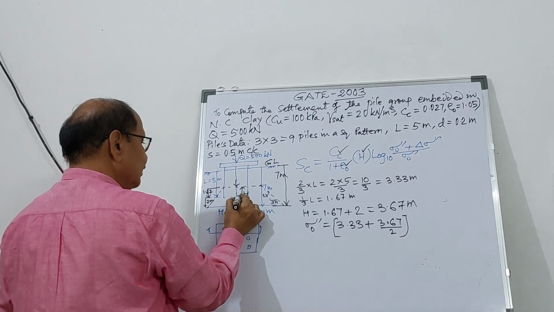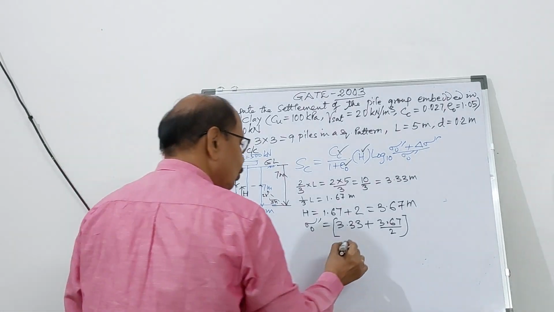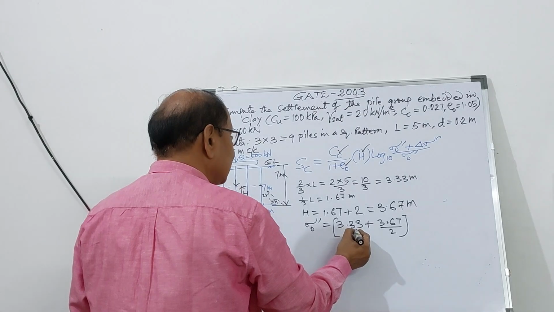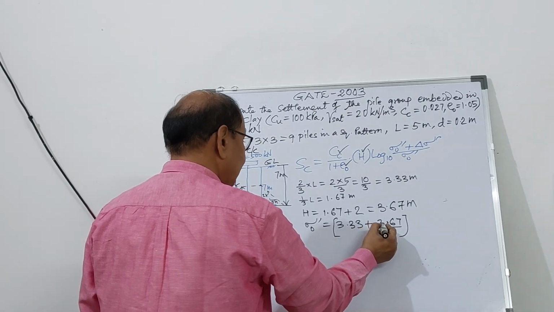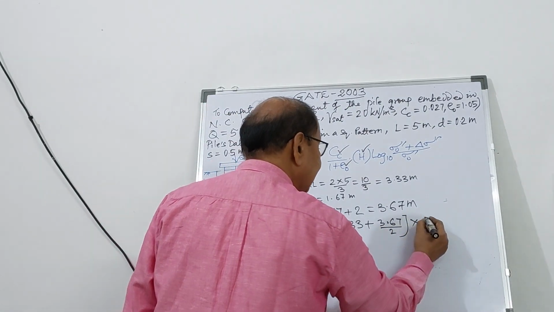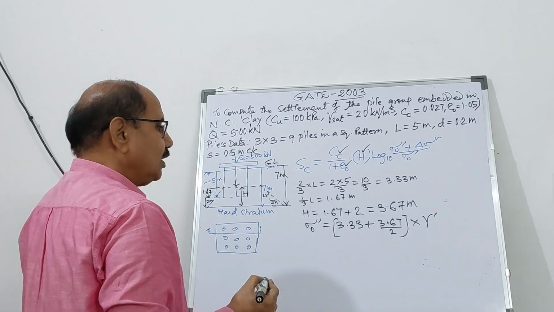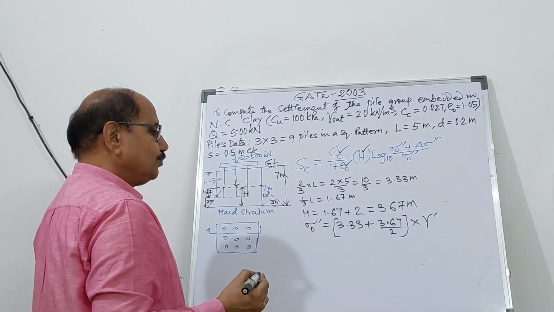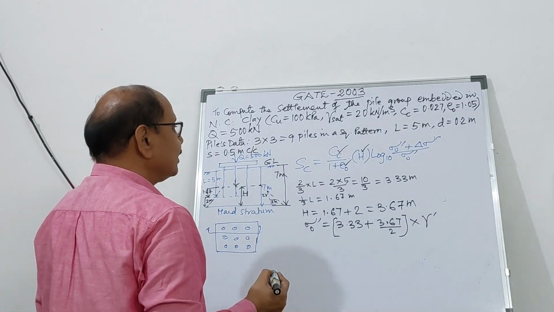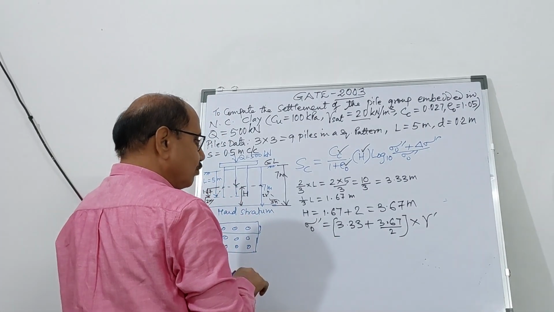So from GL, the midpoint of this H is going to be 3.33 plus 3.67 divided by 2, multiplied by the submerged unit weight. Now, what will be the submerged unit weight? The saturated unit weight is given to me minus unit weight of water.